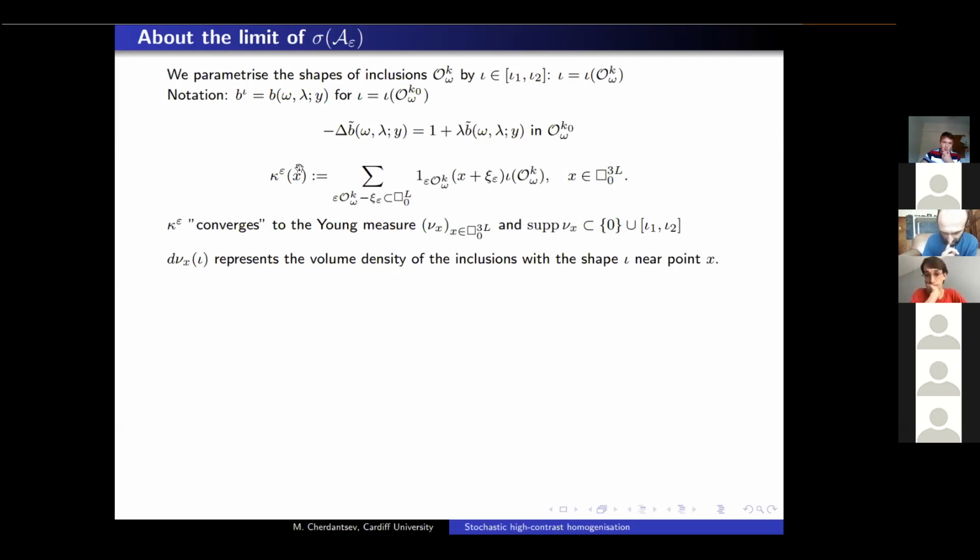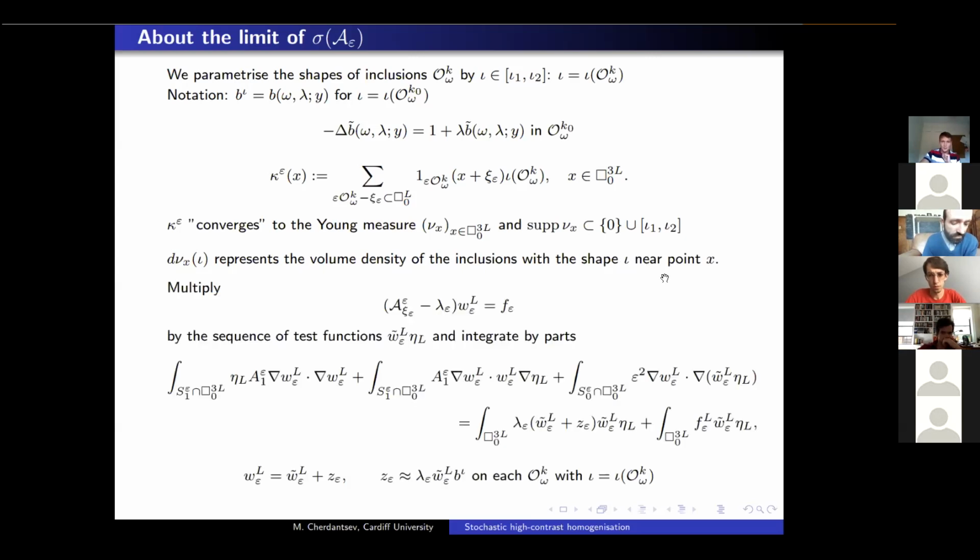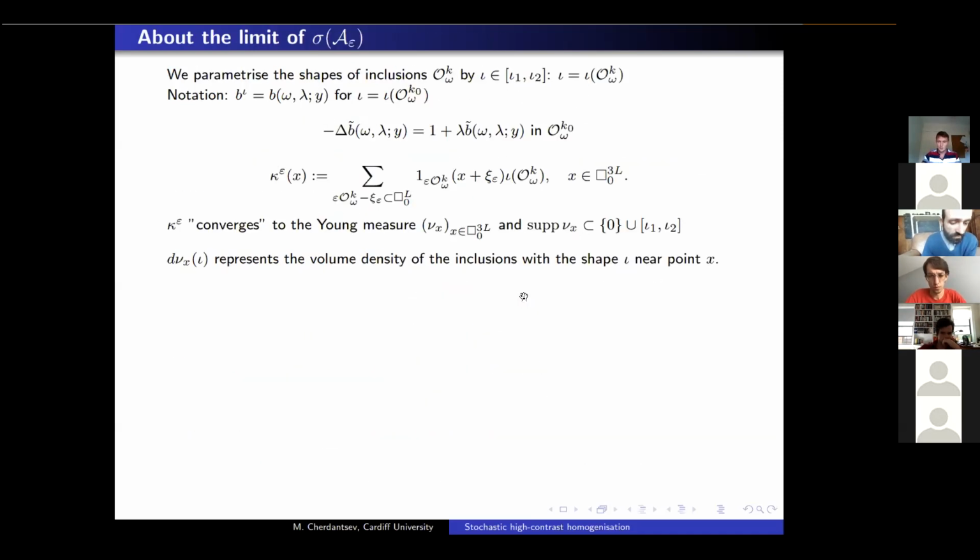This function is bounded in L infinity, and it converges in the sense of Young measures to some Young measure with this support. Basically, the Young measure represents the volume density of the inclusions with the shape iota near point x in the limit.